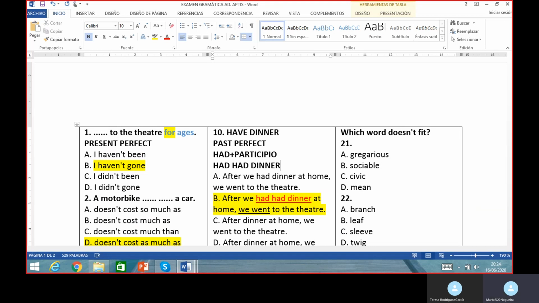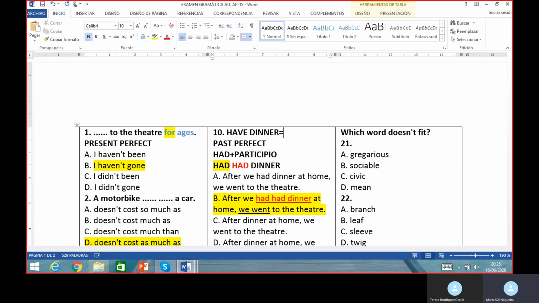Es como cuando decimos en español, si hubiera habido, estamos utilizando el mismo verbo, ¿vale? Entonces, el primero es el auxiliar de nuestro pasado perfecto y el segundo es el participio de nuestro phrasal verb, que es have dinner, que significa cenar.